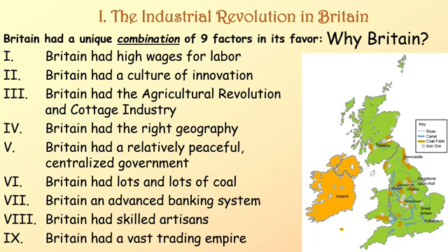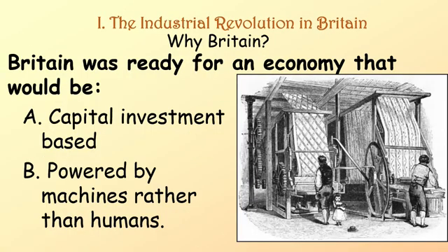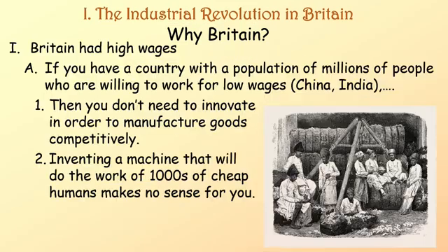Number six, Britain had lots and lots of coal. Number seven, Britain had an advanced banking system. Number eight, Britain had skilled artisans. And lastly, number 9, Britain had a vast trading empire. Britain was ready for an economy that would be A, capital investment based, and B, powered by machines rather than humans. So let's explore each of these 9 factors individually.